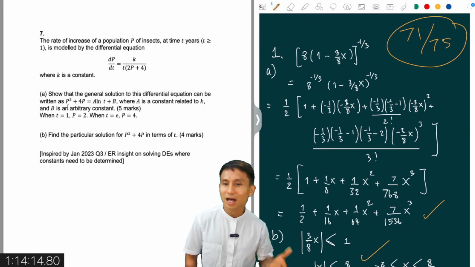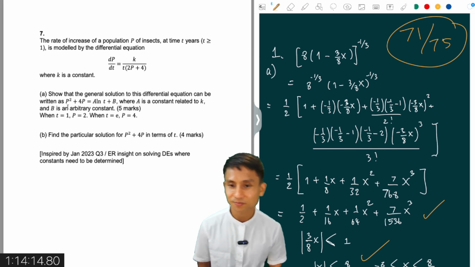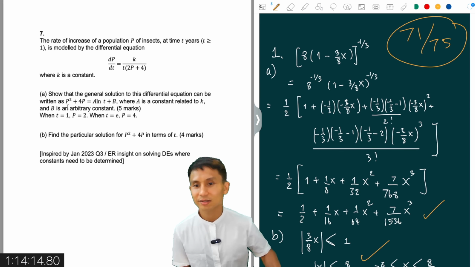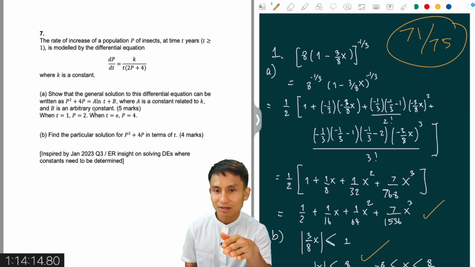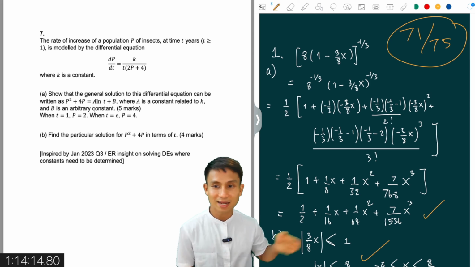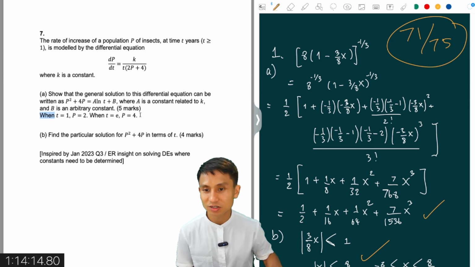This one could have been harder if it asks you to find P in terms of T, right? Usually it would give you one condition to find just the C, but now there is a K constant as well, so you need to find K and C. So that's why you are given 2 conditions.